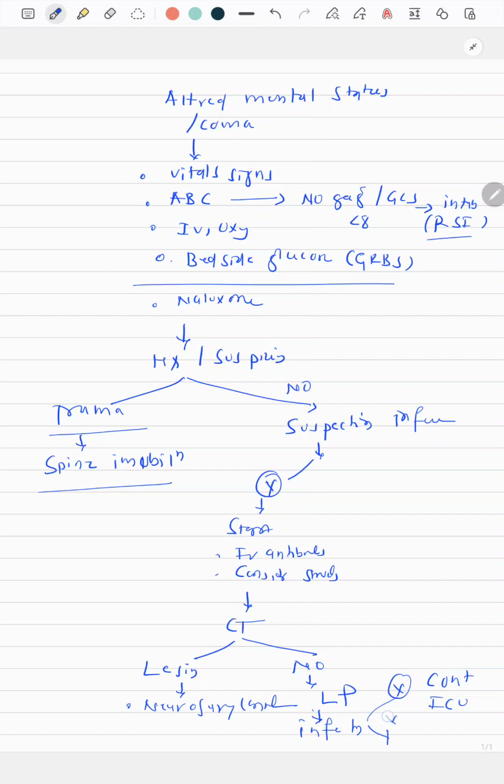If there is no sign of infection in lumbar puncture, you should do toxic and metabolic workup. So if there is no infection, you should go for toxic or metabolic workup.